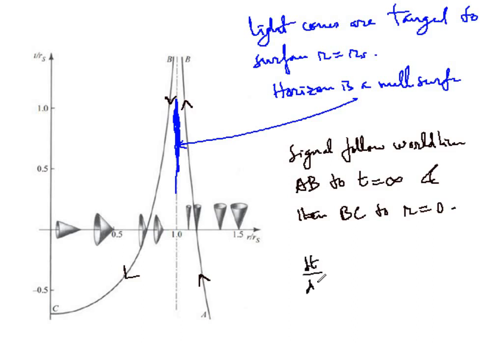Here, dt/dr becomes plus or minus infinity at r equal to rs, causing these light cones to become very narrow. Then all of a sudden, the light cone becomes broad again over here. So from broadness it starts becoming narrower, it becomes very narrow, and then all of a sudden it starts becoming broad again, and their time-like regions become horizontal, so that the only possible direction of radial motion is towards the singularity.